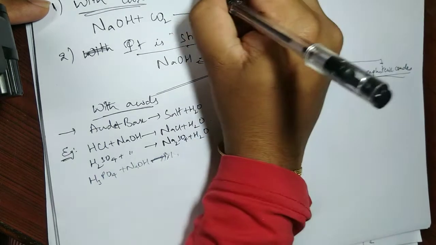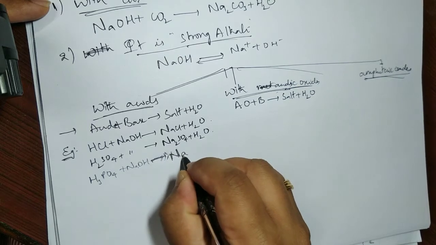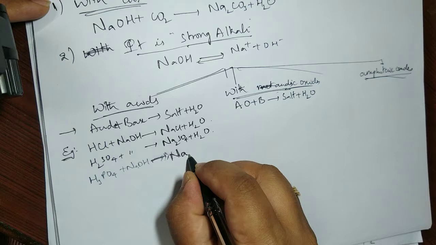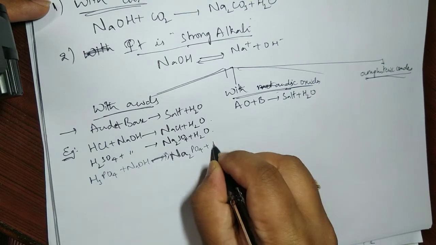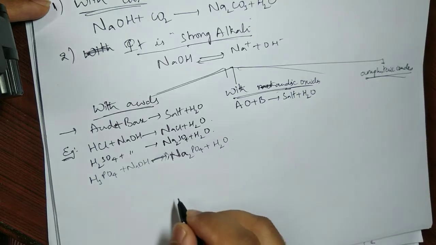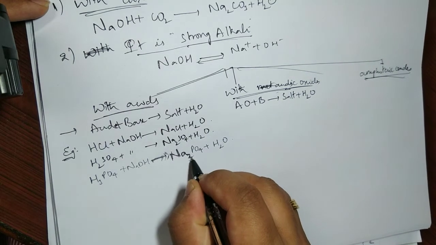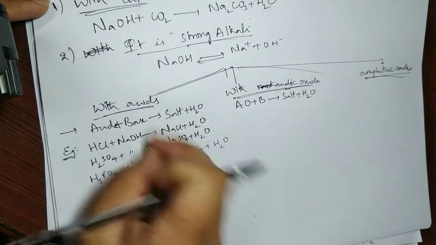Sodium phosphate plus water. So this is how you find it: 3 NaOH, Na3PO4 plus water. So this is how you can say acid plus base gives salt and water.